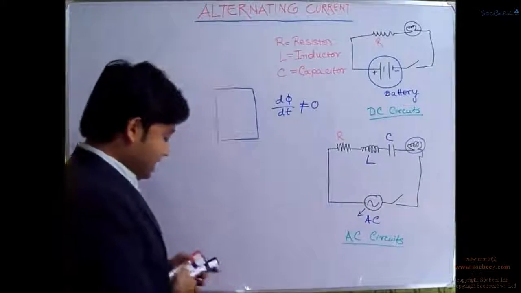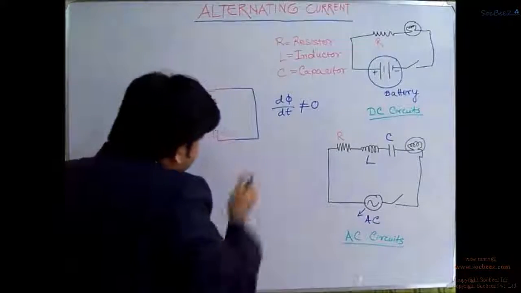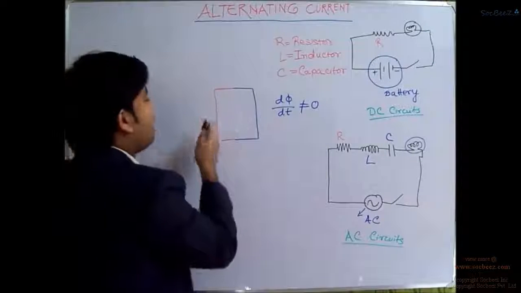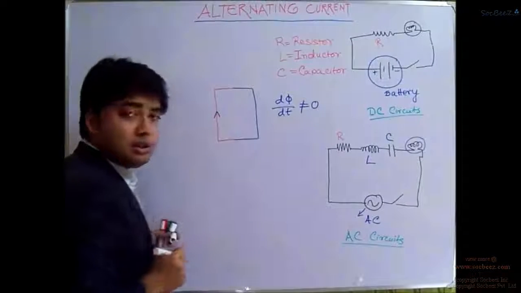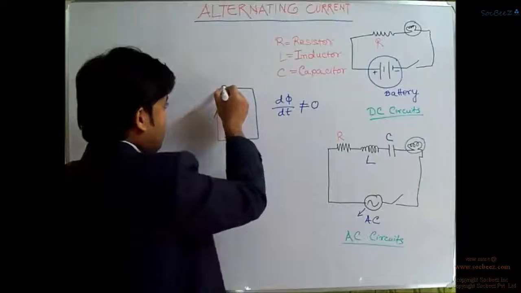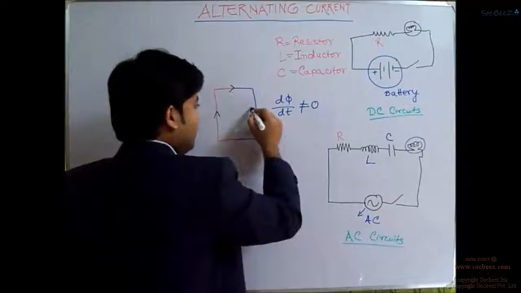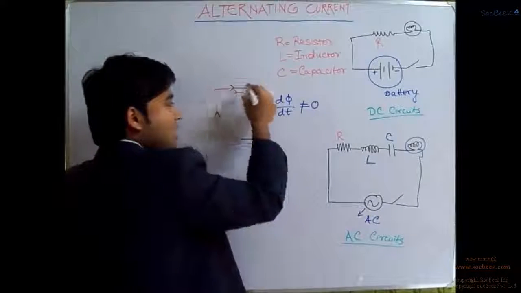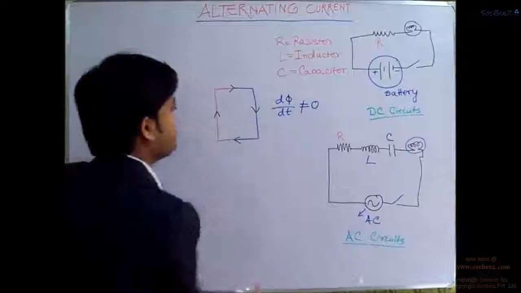So if it is changing with respect to time, and if we take the red side, it is going up. This side will go over to this side, and now it will come on the downward side in the blue, and now like this.